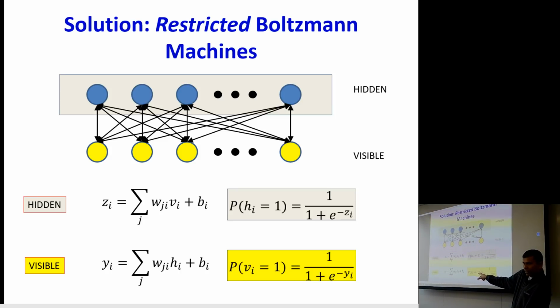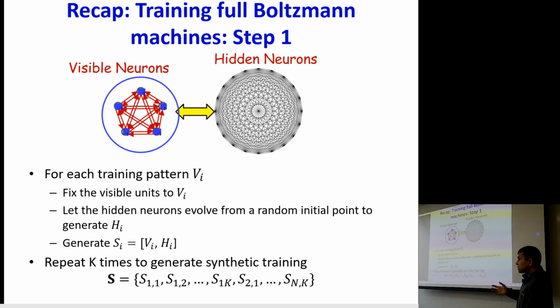So the ith hidden unit is going to be a logistic computed over the weighted combination of all of the visible units. The ith visible unit is going to be derived from a logistic computed over a weighted combination of all of the hidden units. So the hidden units govern the visible units and vice versa. We just got rid of a bunch of edges from the standard Boltzmann machine. And this simplifies things greatly.